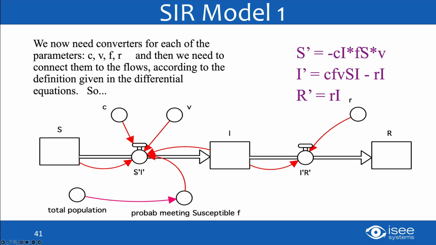It is just supposed to represent that the differential equation for the susceptible population and the differential equation for the infected population are both involved in the definition here, and similarly the infected population differential equation and the recovering population differential equation are both involved in defining that flow.